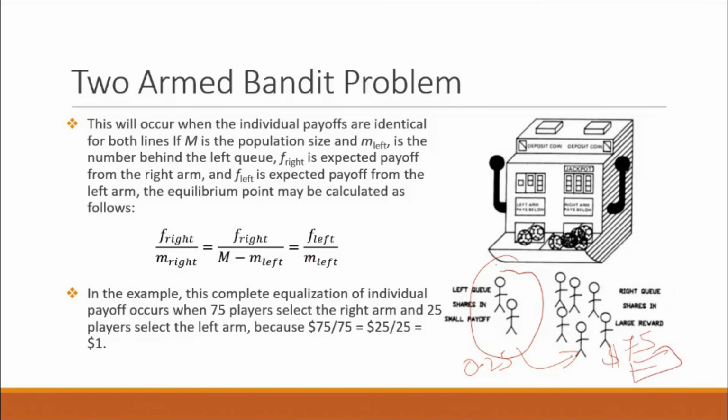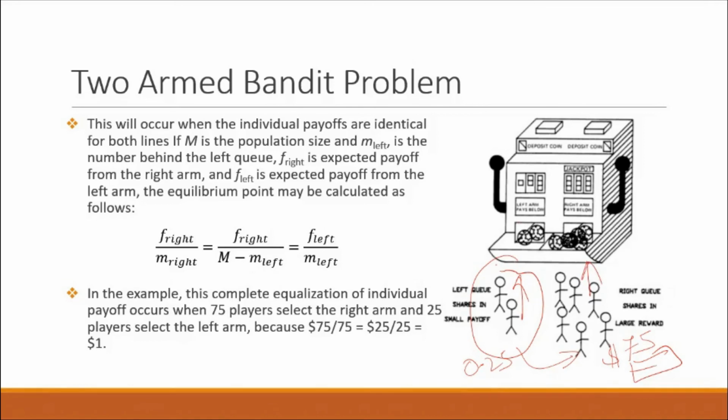So after some time there will be a complete equalization condition. That is, an identical payoff will be obtained by staying in this line as well as by staying in this line.